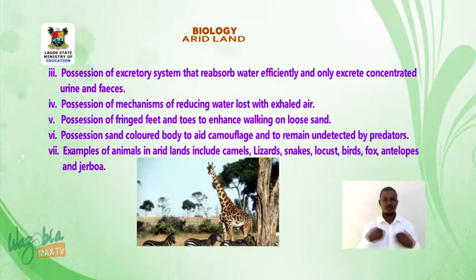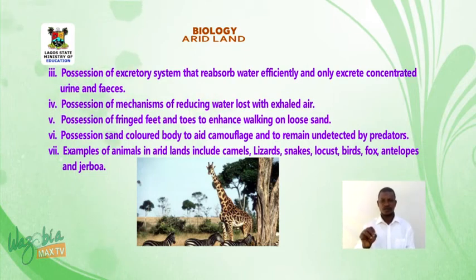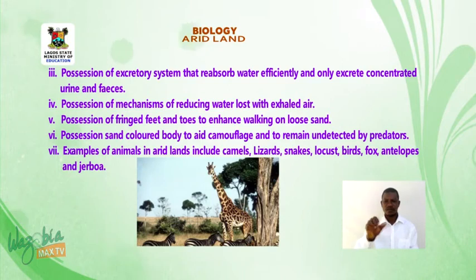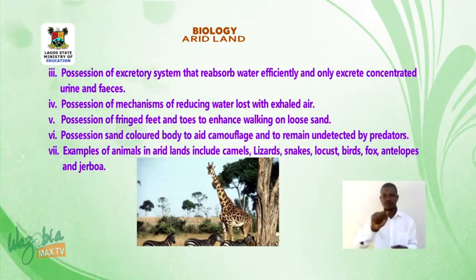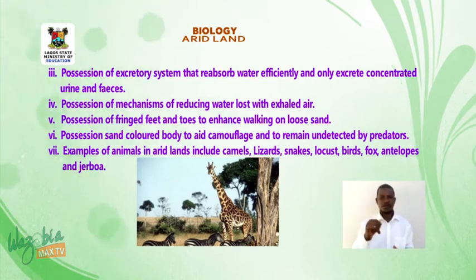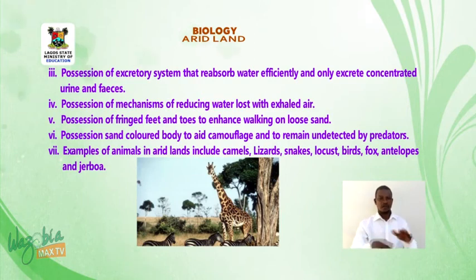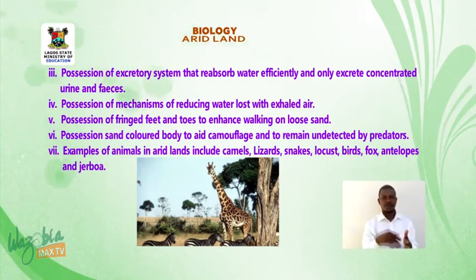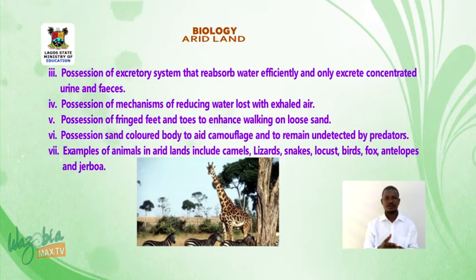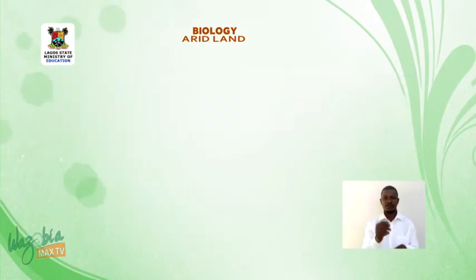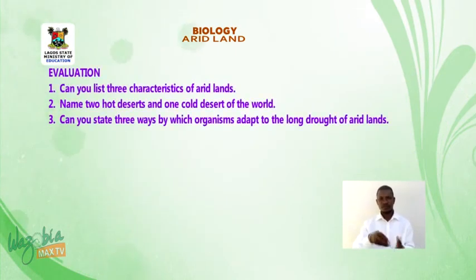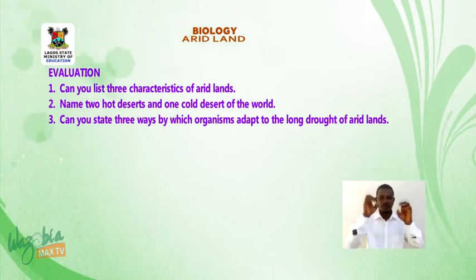Examples of animals in arid lands include camels, lizards, snakes, locusts, birds, fox, antelopes, and jaguar. The diagram below shows the examples of some animals in the arid land.